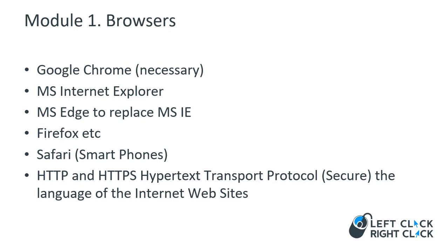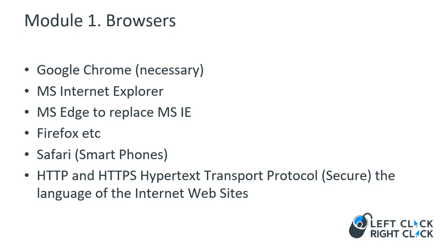And finally, there is what's called the Hypertext Transport Protocol, or HTTP, or it may be HTTPS. And you can see this on the front end of your web link. And the difference between the two is that HTTPS is the secure version of that.